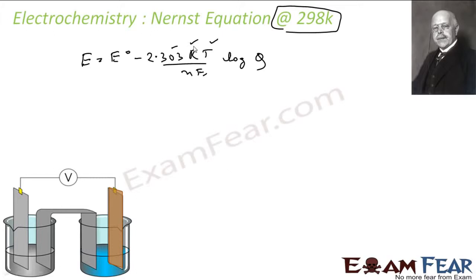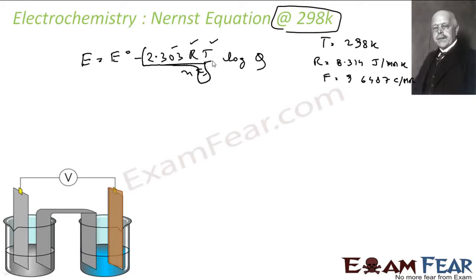So let's put in all the constants and see what you get. We'll put T as 298 Kelvin, R as 8.314 joule per mole Kelvin, and F we know is 96487 coulomb per mole.